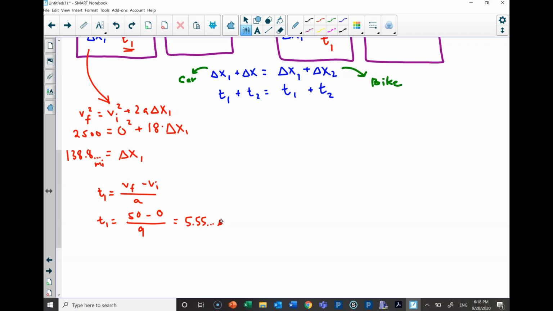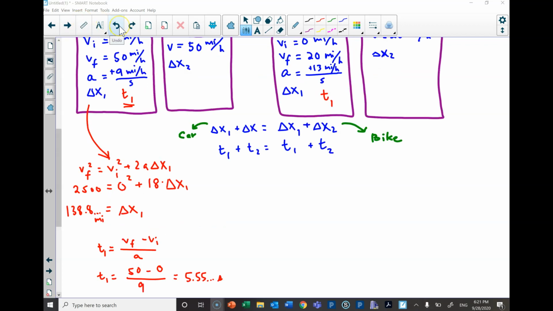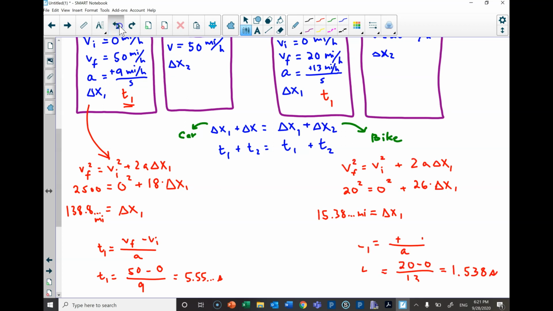Take a moment, perform the same calculations for the bike. Find the bike's delta x1, its first displacement, find its first time. Okay, when you do those calculations, the bike's first displacement comes to 15.38 miles, and its first time comes to 1.538 seconds.